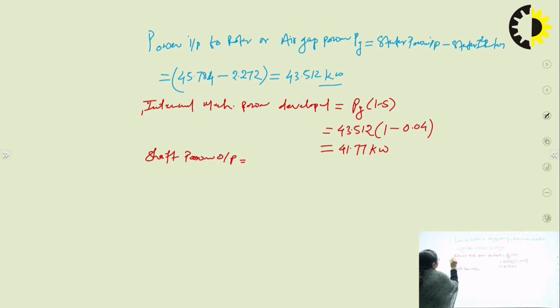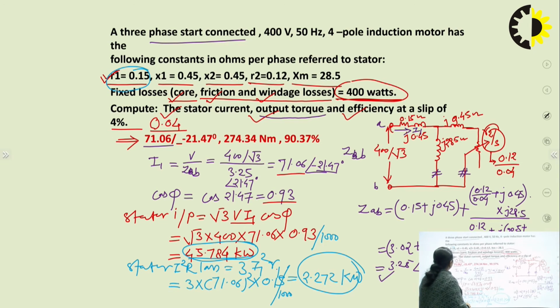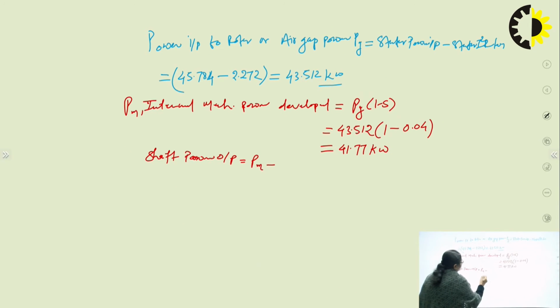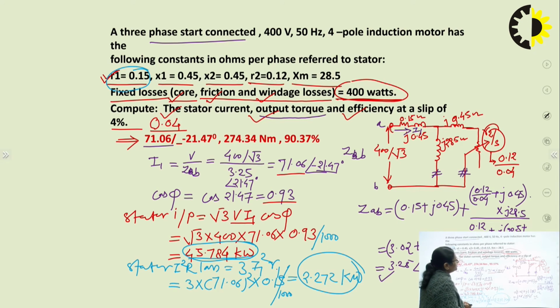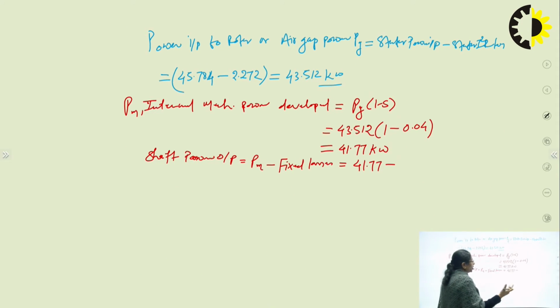Now, knowing the internal mechanical power developed, I can very well determine the shaft power output. Let me write here in short, PM, that is internal mechanical power, minus the losses given in the question, that is the fixed losses. So PM is 41.77 minus the fixed losses, which were given as 400 watt or 0.4 kilowatt, right?